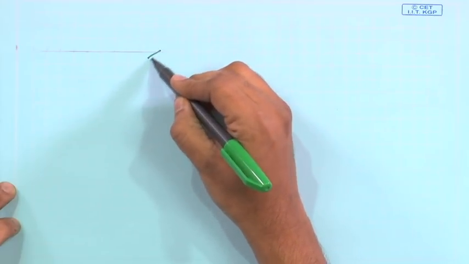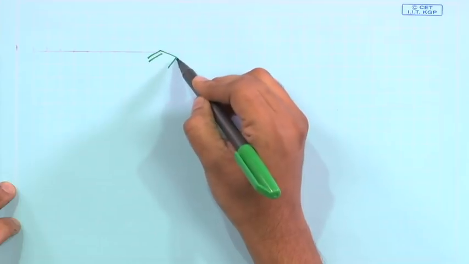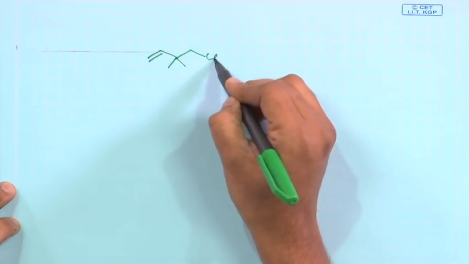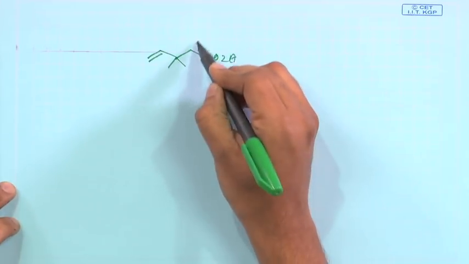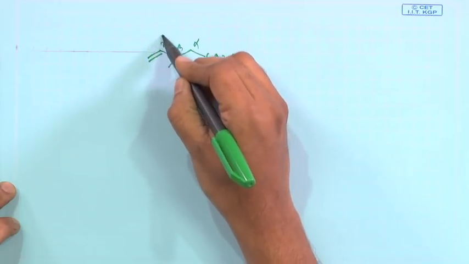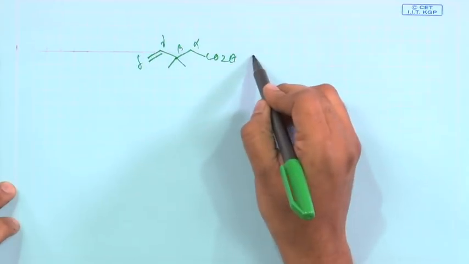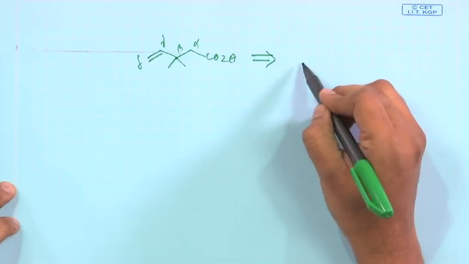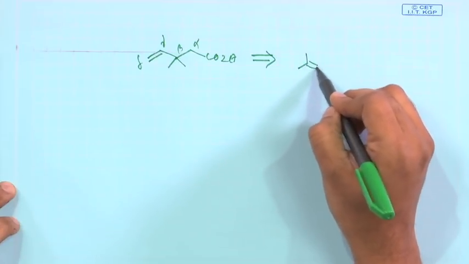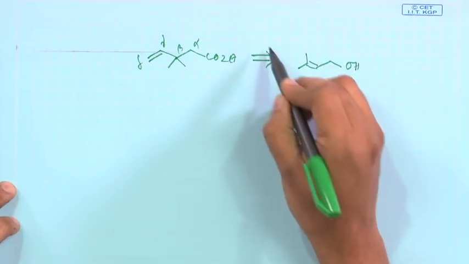It is a 3,3 sigmatropic rearrangement, and the take home message is, if you have a delta,gamma unsaturated ester something like this, straightforward you can go back to the Johnson orthoester-Claisen rearrangement as your main transformation.